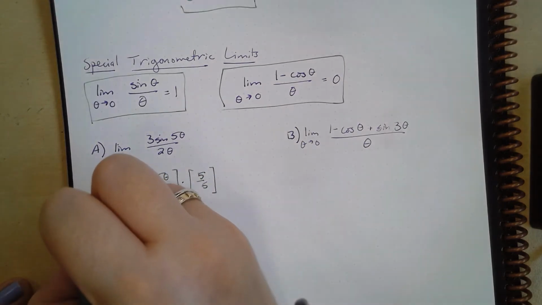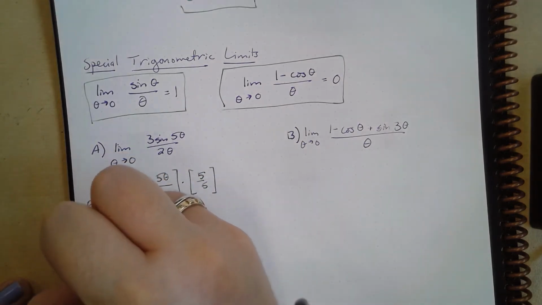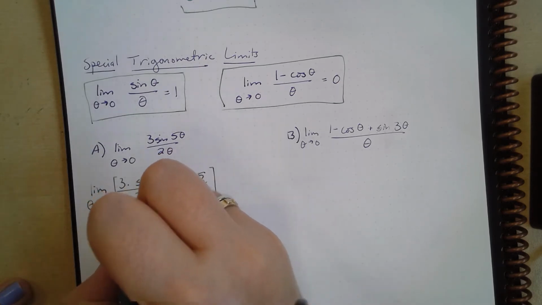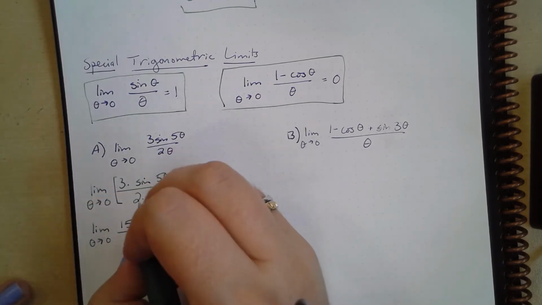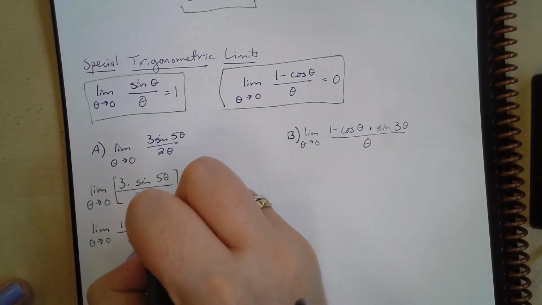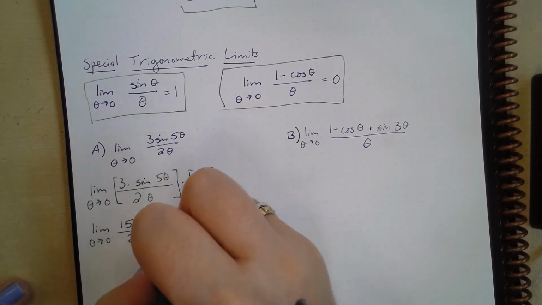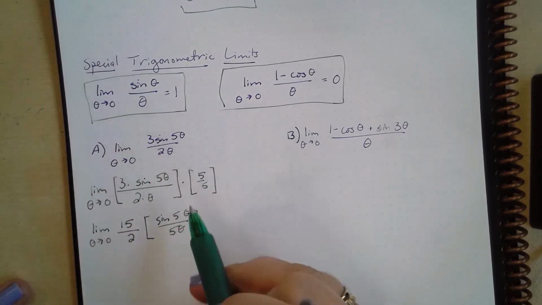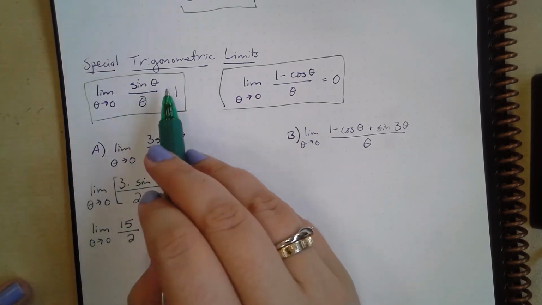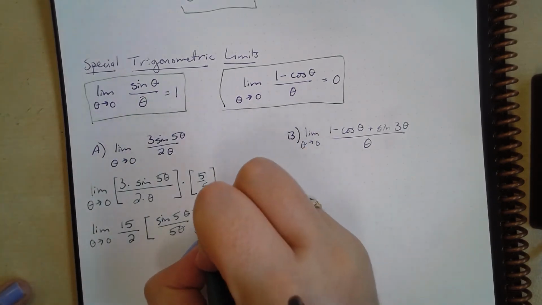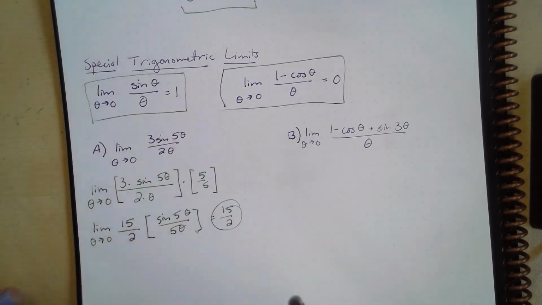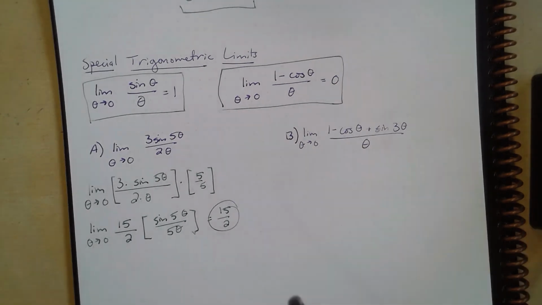So now this becomes the limit as theta approaches 0 of, I'm going to take that 3 times 5, now I get 15, over 2, I'm going to leave that 2 there because now I have sine 5 theta over 5 theta, and that should look a little bit familiar up here, right? So our answer now, sine theta over theta, that's going to work out to just be 1. This limit is just going to be equal to 15 halves. Good? Let's do another one.